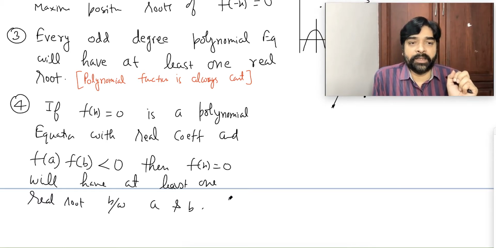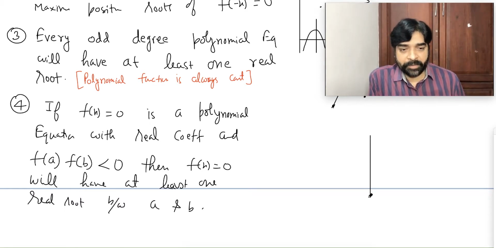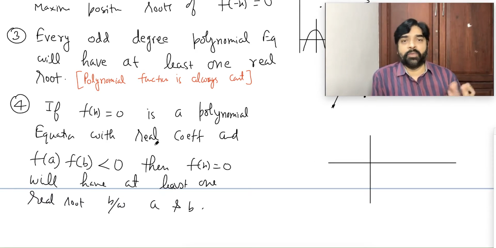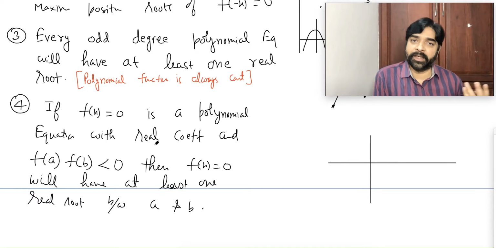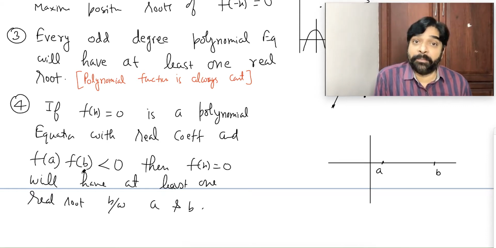Did you understand the meaning of this? From the previous idea you can get it very easily. f(x) is a polynomial. I don't know which degree, 2 degree, 3 degree, 100 degree, I don't know. But they are saying suppose a and b are some 2 points on the x-axis, and f(a) into f(b) less than 0.